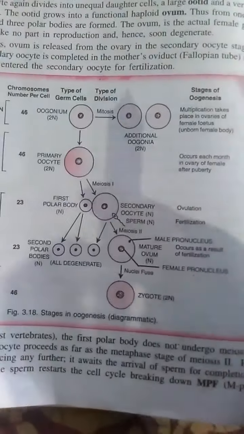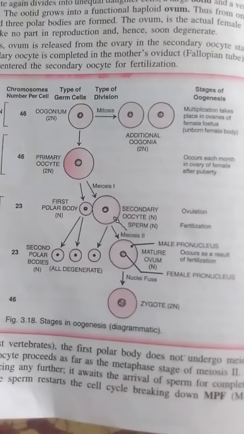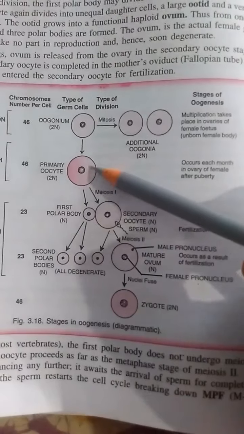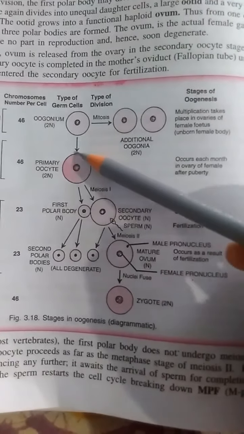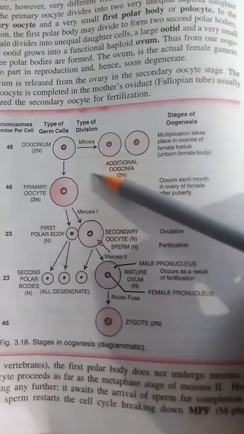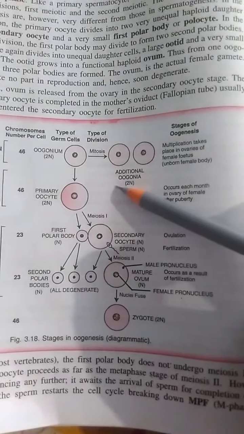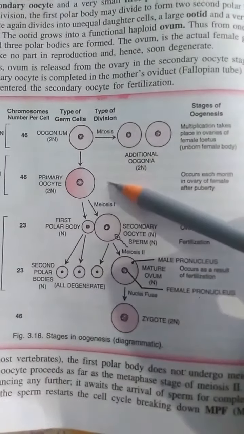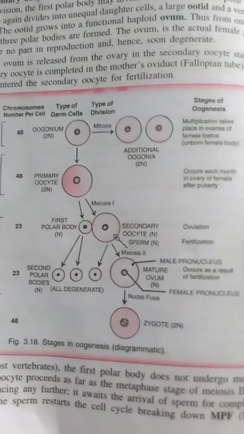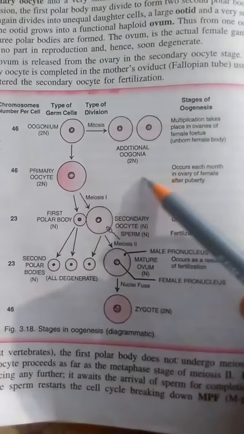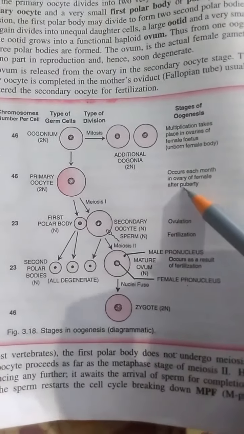A structure which has entered meiosis 1 but has stopped at prophase 1 only, right? And this primary oocyte is present inside the primary follicle. Primary follicle carrying primary oocyte gets transformed into secondary follicle. Secondary follicle carrying primary oocyte gets transformed into tertiary follicle, and this change starts with the onset of puberty, right?